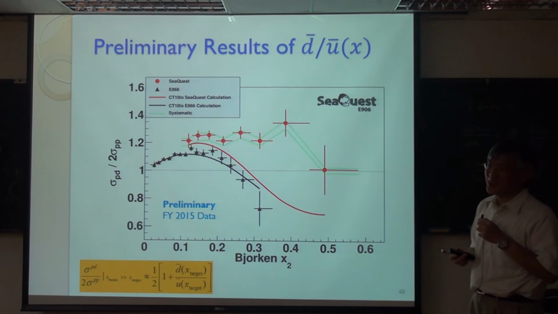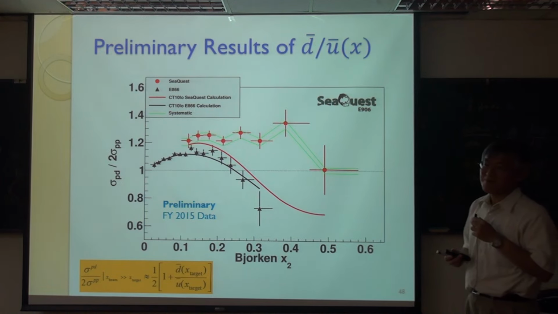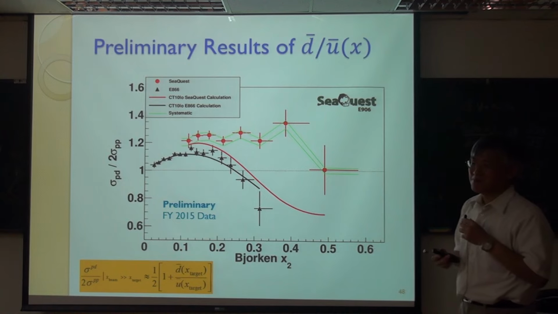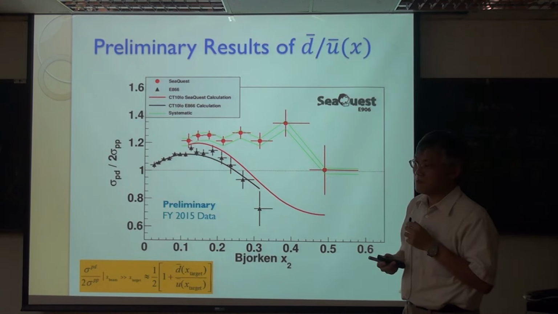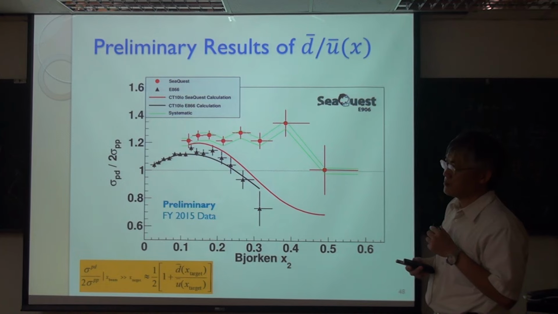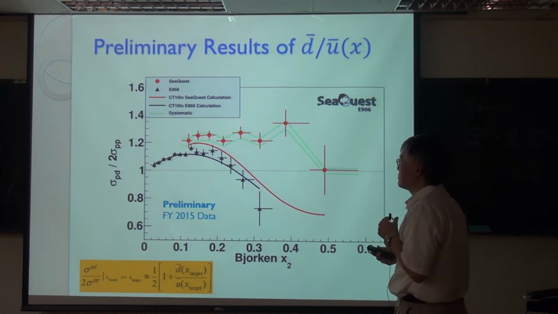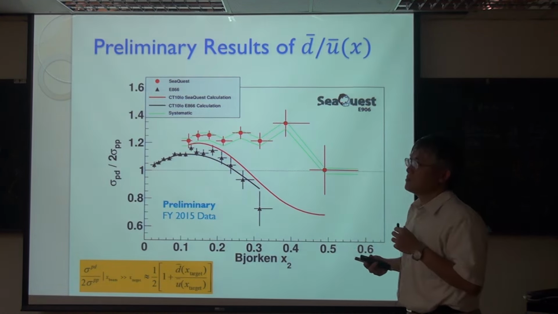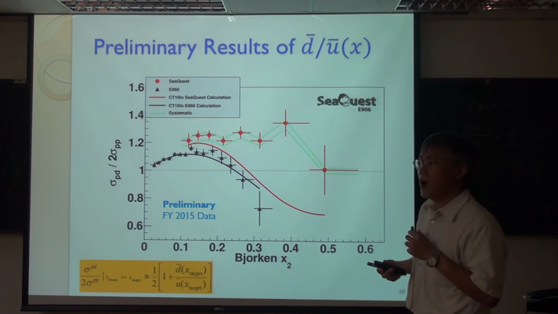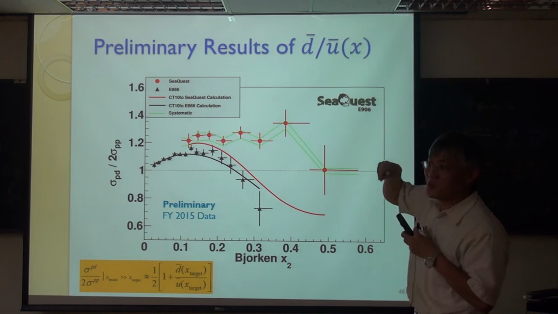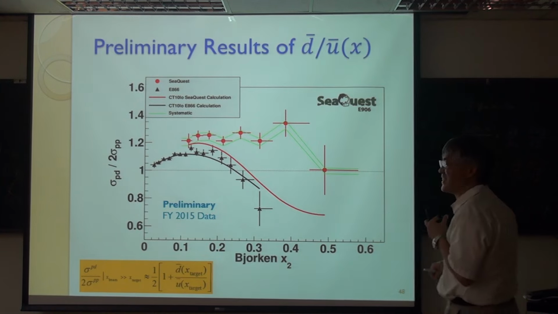Deuterium target is very tricky. It always gets some contamination over there. I still wonder if it's the same kind of liquid target between A66 and SeaQuest. Is it redesigned? No, I think the target cell is basically the same. The target is the same, but of course the filling is different.